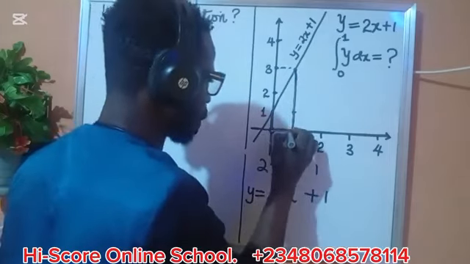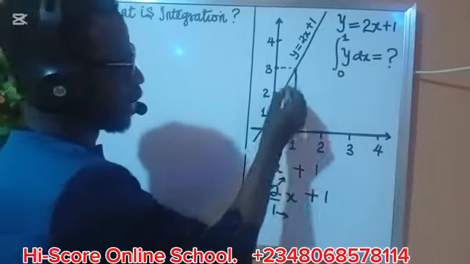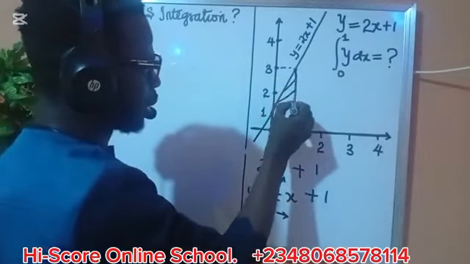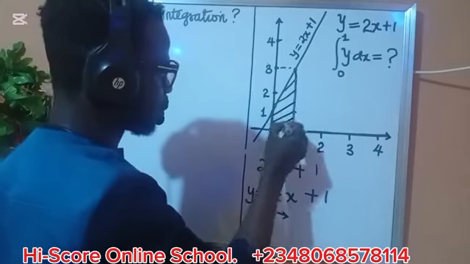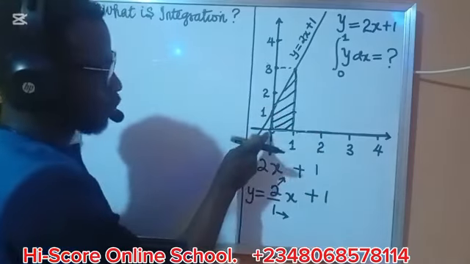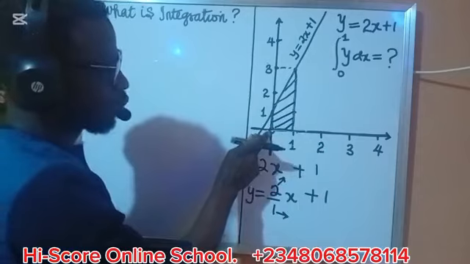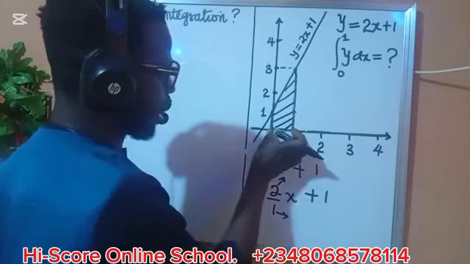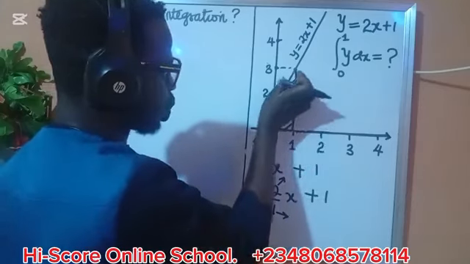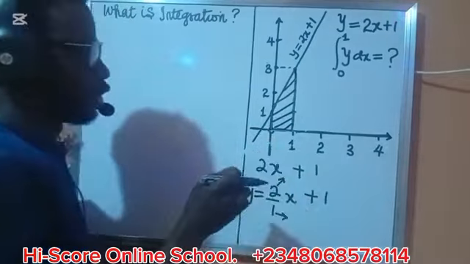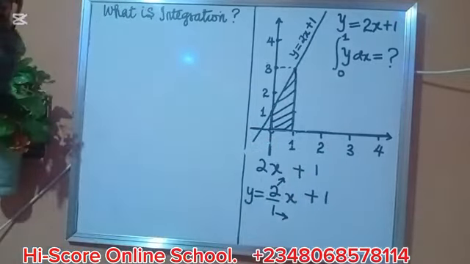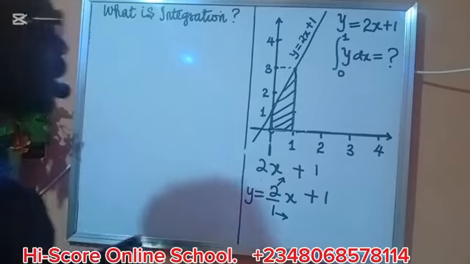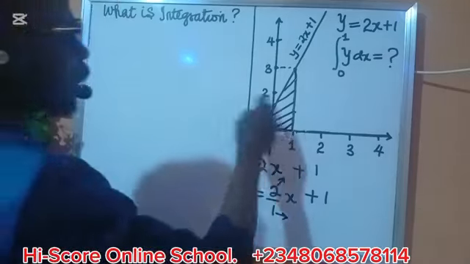It is just another way of saying find the area of this shape, because it's from x equal to 0 to x equal to 1. It's actually a trapezium. So we are literally asked to find the area of this trapezium.